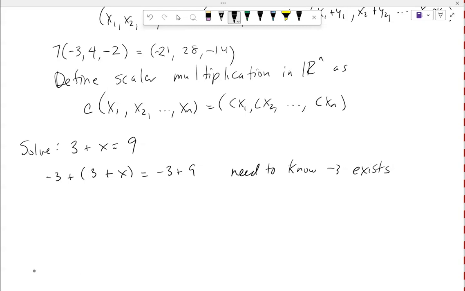So what other property do we need in order to put this -3 with that 3? Associativity, right? I need to be able to regroup. So in order to be able to do -3 plus 3 this way, I'll just write that as 0 since I know what that object is. We need associativity of addition.